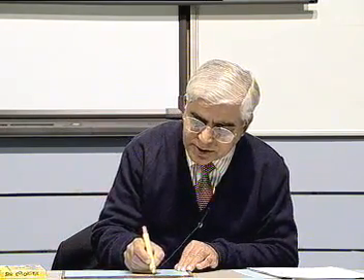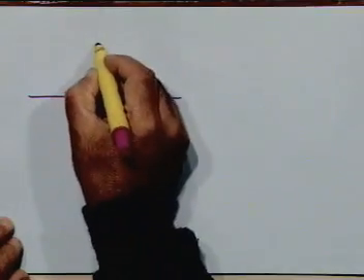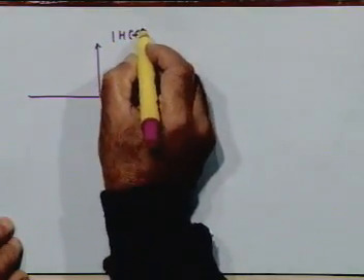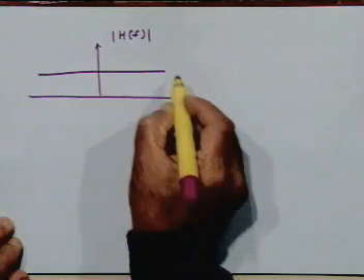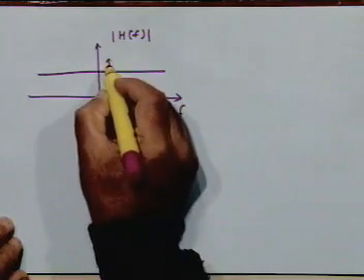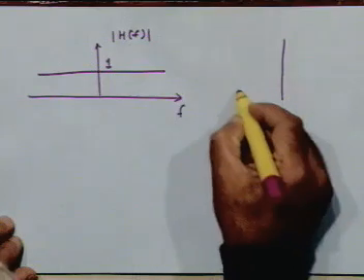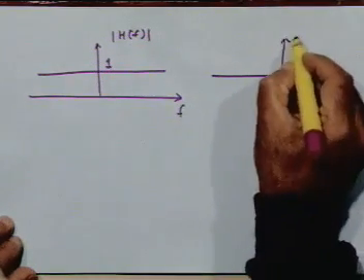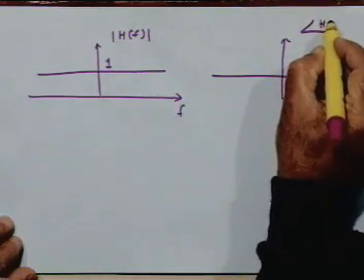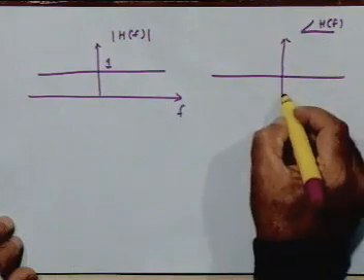But if you wish, we can still go back to the two plot system, and what will be the two plots in this case? The amplitude plot of the transfer function will be constant, equal to 1, and the phase plot, the angle of H of f, what will this be?